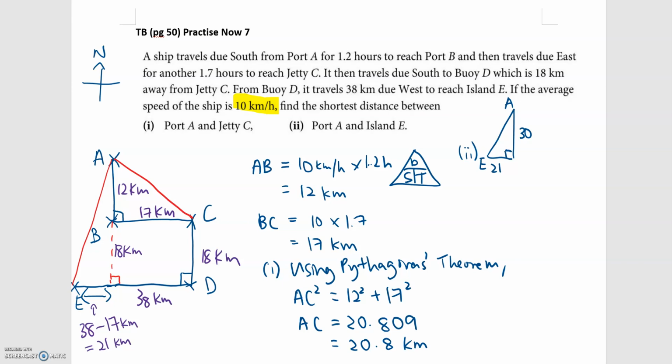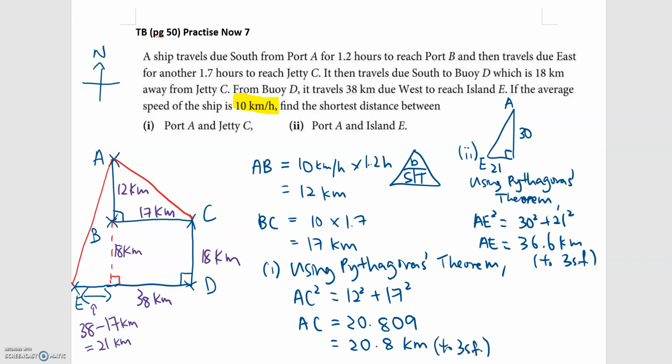So I will use Pythagoras theorem again, and I will get my answer as 36.6 kilometers corrected to 3 SF. Okay, so for part 2 of this question, we are actually forming our own right angle triangle to help us find the desired distance.